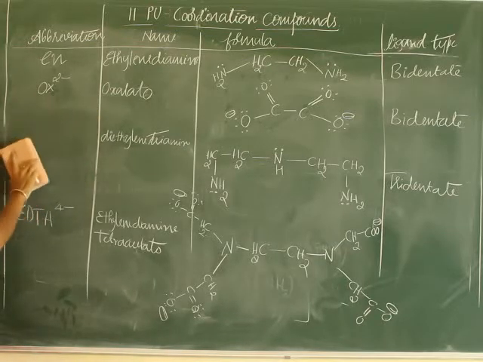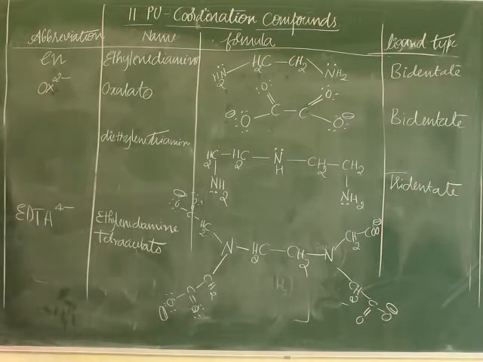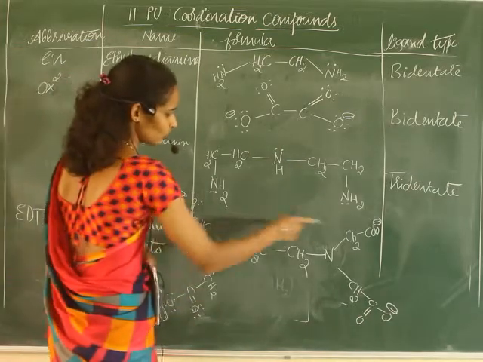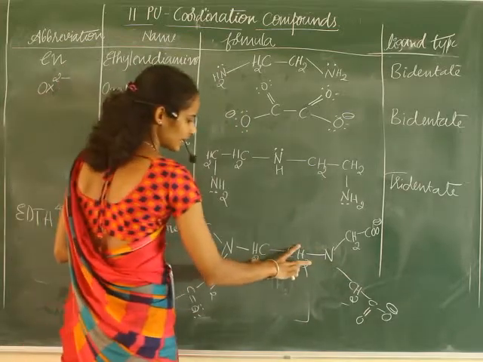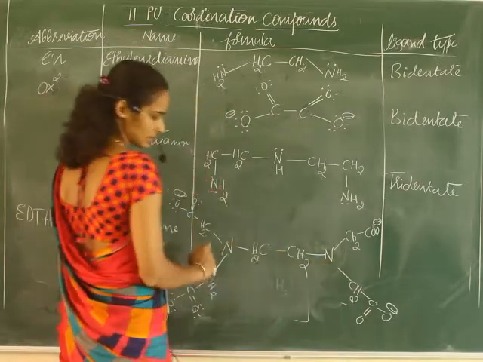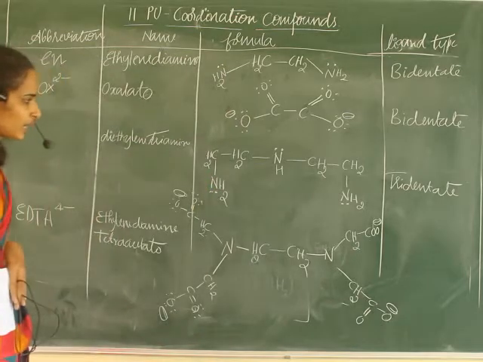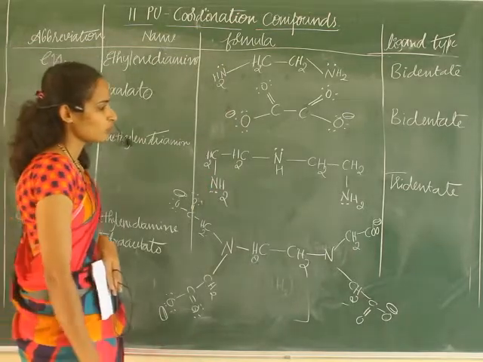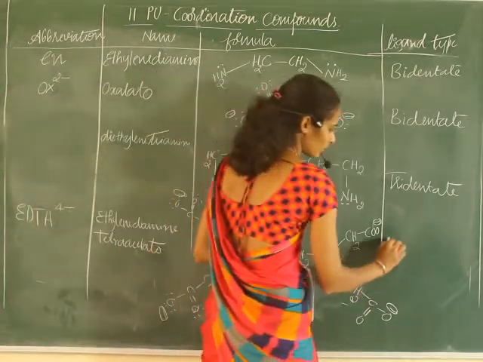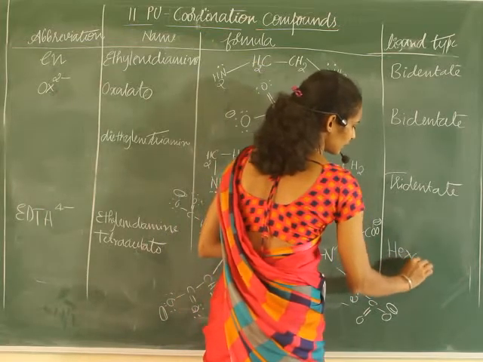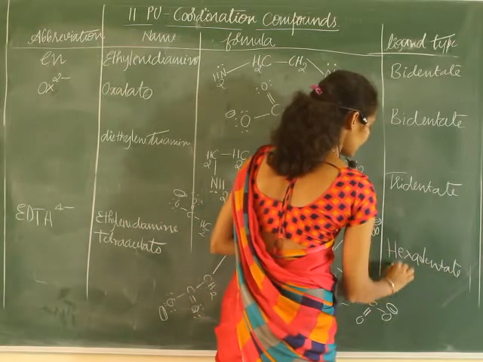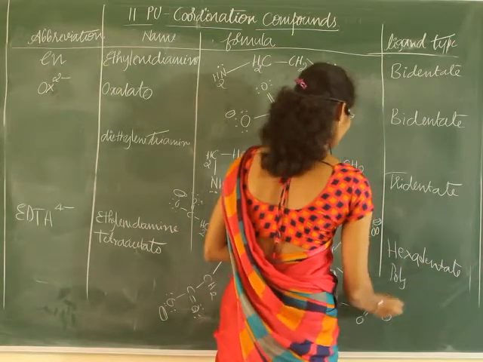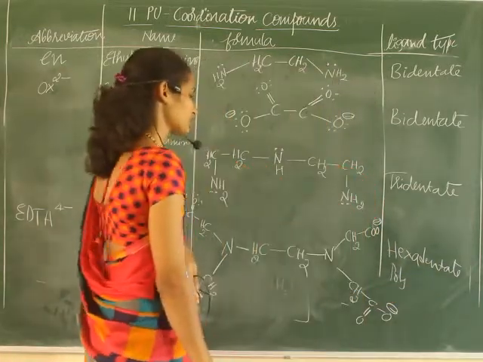And how many acetate groups are there? Tetraacetate. 1, 2, 3, 4. Right? So that is ethylene diamine tetraacetate, EDTA, and it is a polydentate ligand or a hexadentate ligand. How many coordination sites?